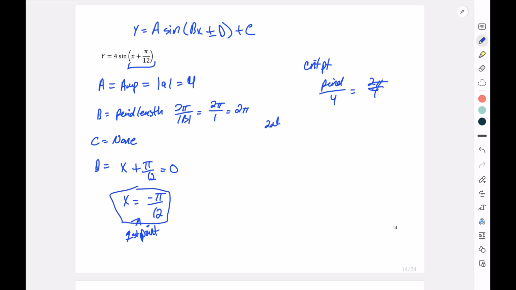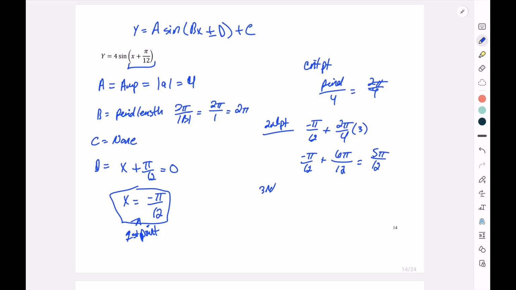Our second point, we're going to take negative pi over 12, and we're going to add 2 pi over 4 to it. But since we want a common denominator, we can multiply 2 pi over 4 by 3 and get 6 pi over 12. And we can see that our second point will be 5 pi over 12.